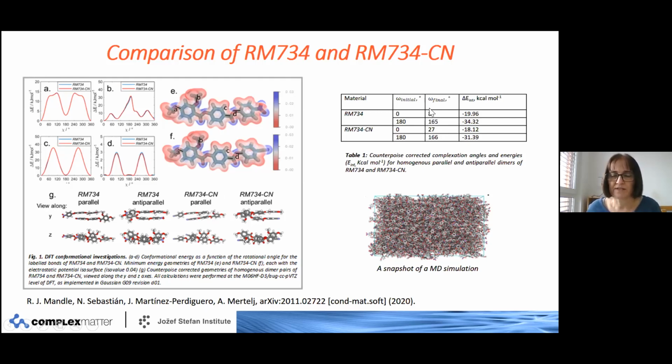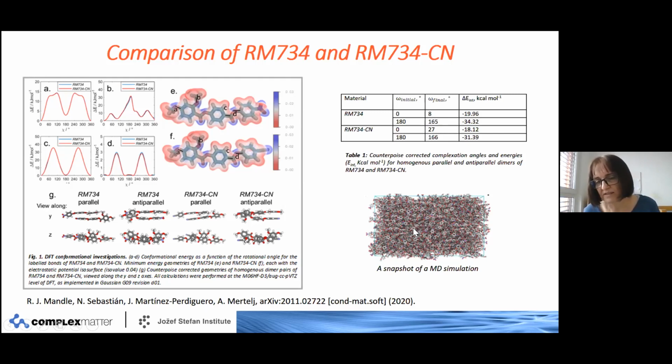In the first it is 8 degrees, while in the other it is 27. This, of course, gives some clue, but it does not tell how the material will behave in the bulk, because in the bulk, a given molecule interacts with all its neighbors.